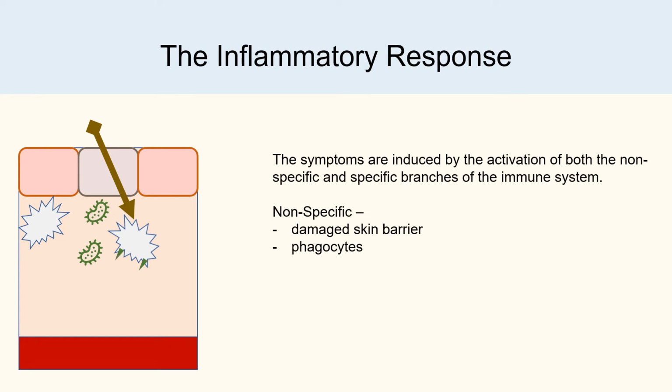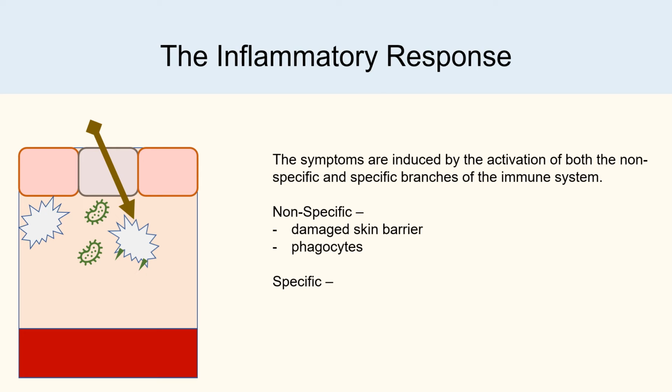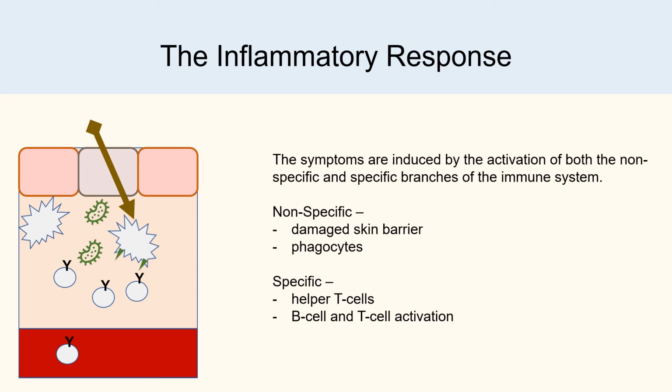In some cases, the white blood cells can also present destroyed fragments of the bacteria, known as antigens, on their surface, and this begins the process of increasing blood flow to the area and recruiting specific immune responses in the form of helper T cells, which then in turn recruit B cells and T cells to destroy the invading bacteria.